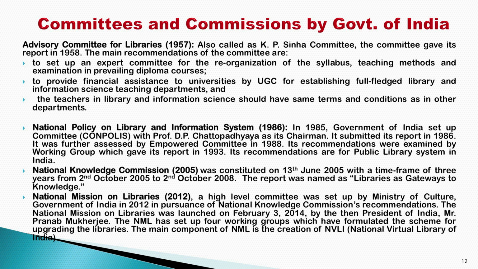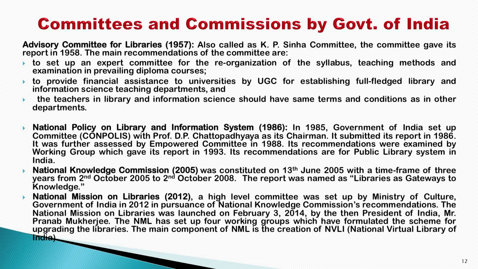The main recommendations of the committee are to set up an expert committee for reorganization of syllabus, teaching methods and examination prevailing in the diploma courses, to provide financial assistance to the universities by UGC for establishing full-fledged library and information science departments, and that the teachers in library and information science should have the same terms and conditions as in other departments.